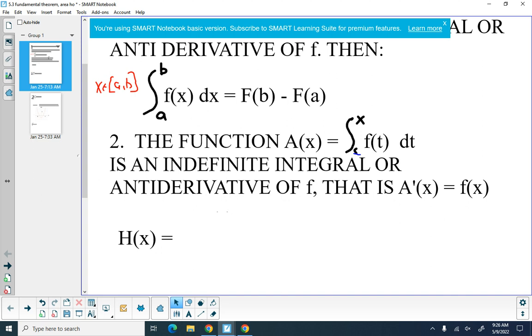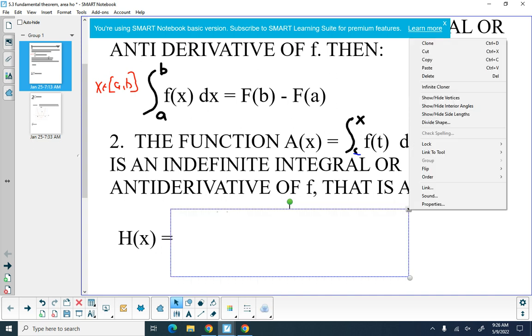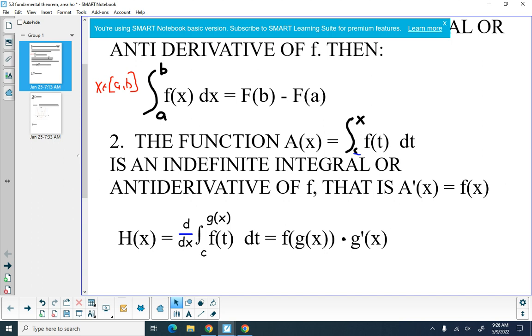Well, that's what this aspect deals with: the derivative of an antiderivative of a function. So what occurs here is h of x is going to equal the derivative of an antiderivative of a function.